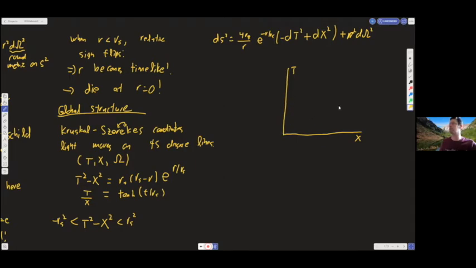I'm very bad at drawing this, but I'll do my best. There's some 45-degree line like that, and I should extend it down, and some 45-degree line like that. I should draw negative axes too. Then this line where t squared minus x squared is equal to R_S squared is some hyperboloid like that.